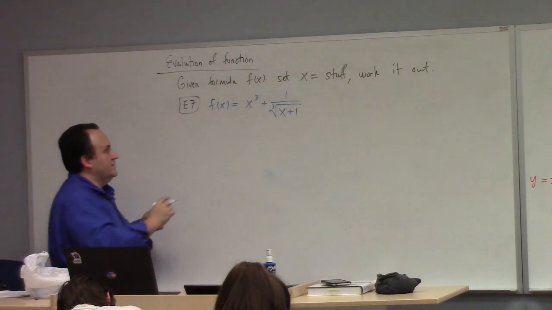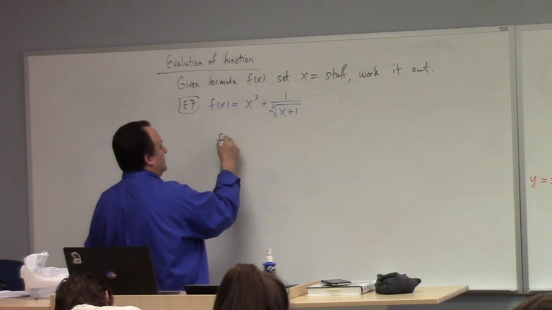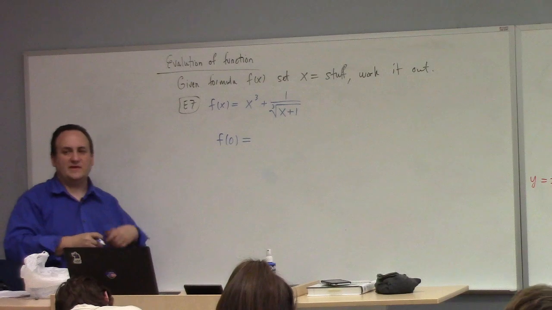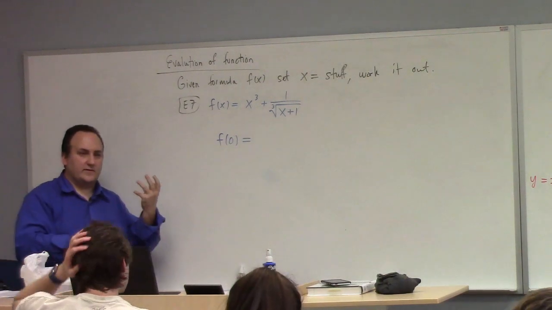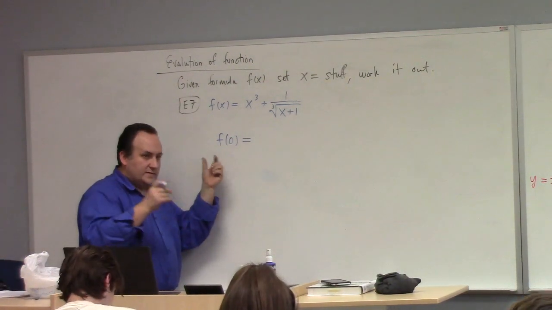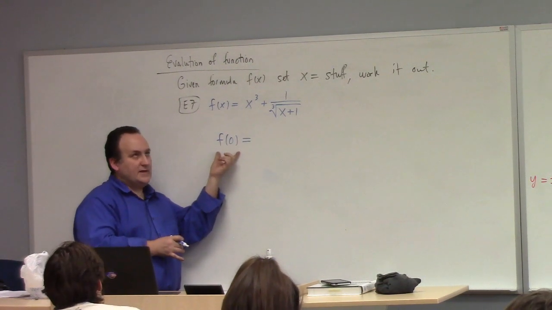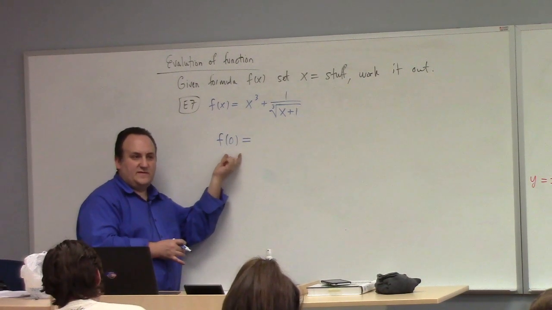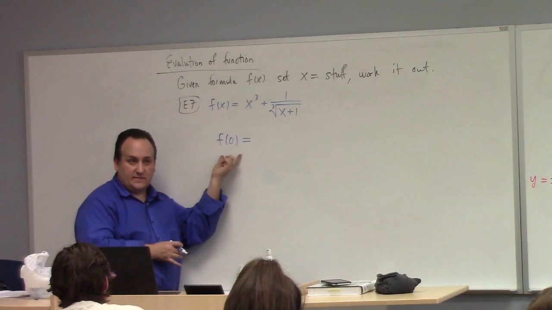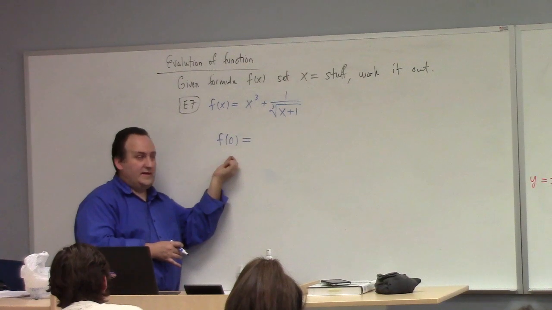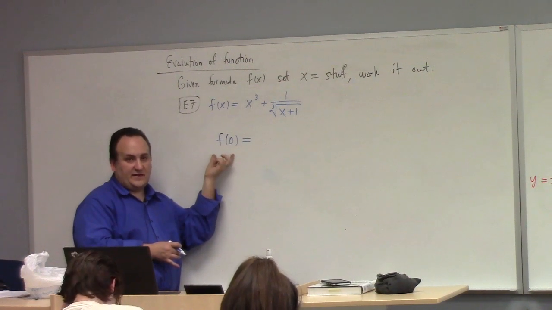All right, let's look at what is f of 0. What does that mean? First of all, you have to watch out for this. You guys have been conditioned sometimes to think of this as meaning multiplication by 0, right? But that's not what this means here. This means we're plugging 0 into the function. This is function evaluation.